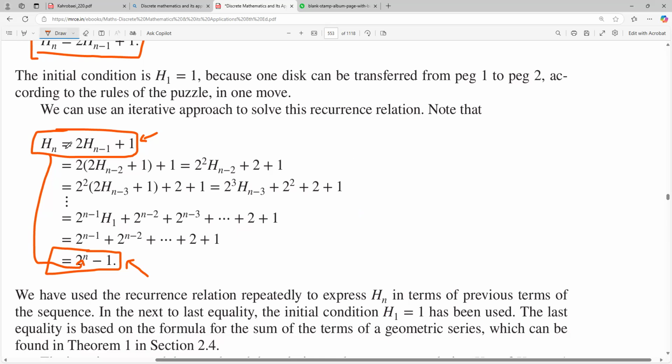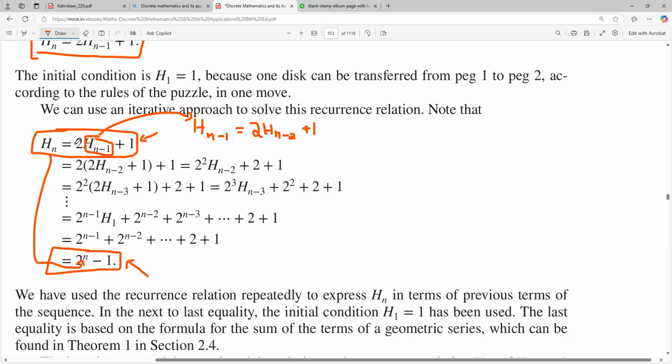So here we know that h of n is equal to 2 times h of n minus 1 plus 1. Well, h of n minus 1, we know is equal to 2 times h of n minus 2 plus 1.